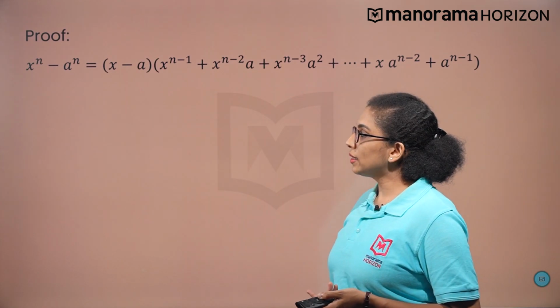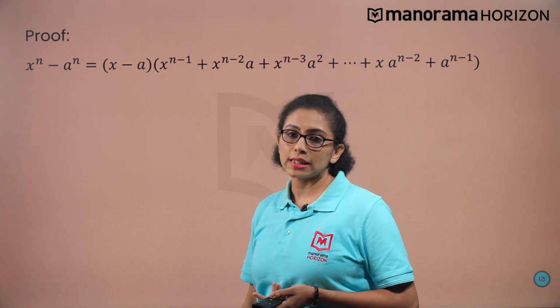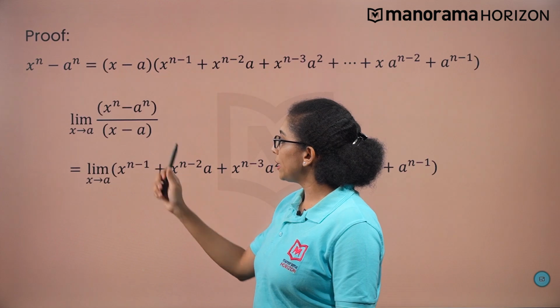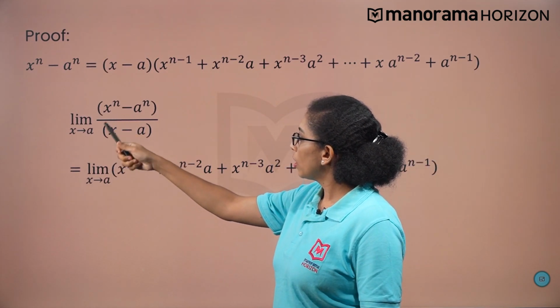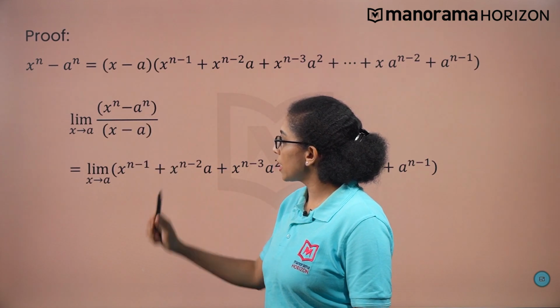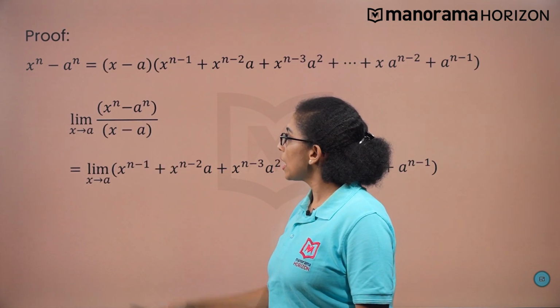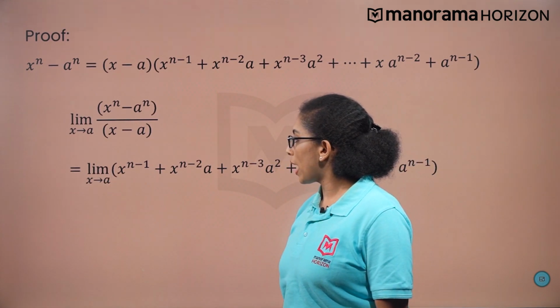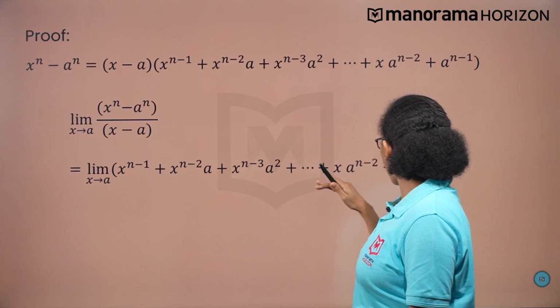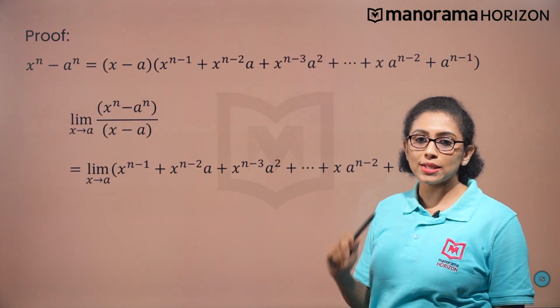Now divide this by x minus a. So we get limit x tends to a, x raised to n minus a raised to n by x minus a will be, applying the limit on the RHS, limit x tends to a, x raised to n minus 1, so on up to a raised to n minus 1.